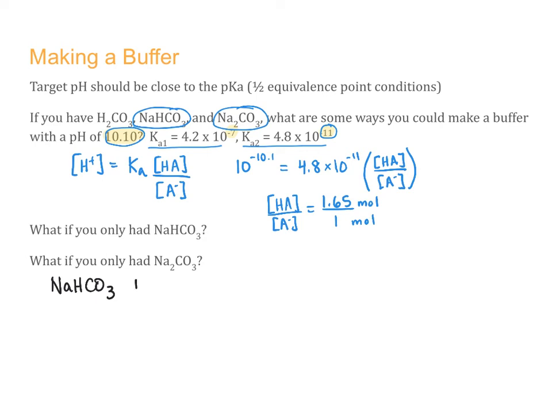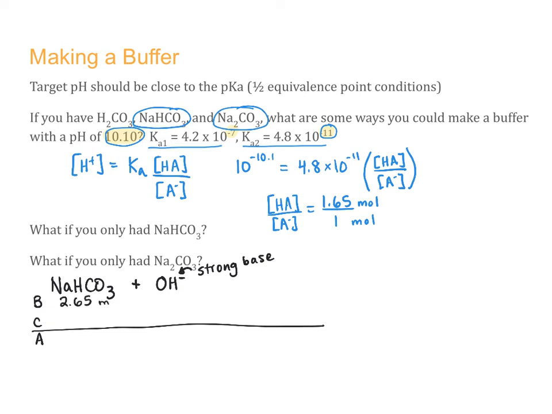We could take this and react it with a strong base, any strong base really, and do kind of a titration almost, where we start with a whole bunch of extra NaHCO3. We'll do 2.65 moles of it, and we'll add to that 1 mole of hydroxide.